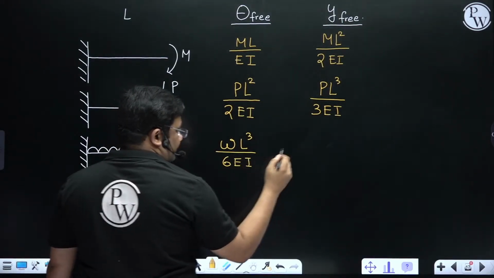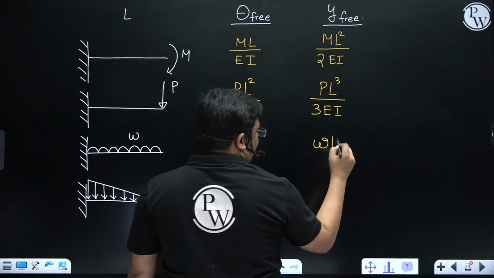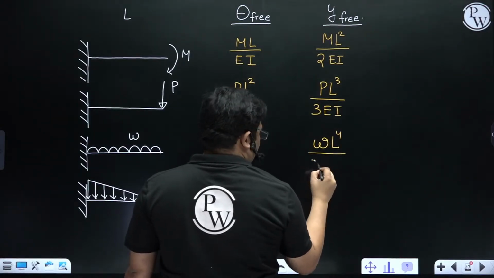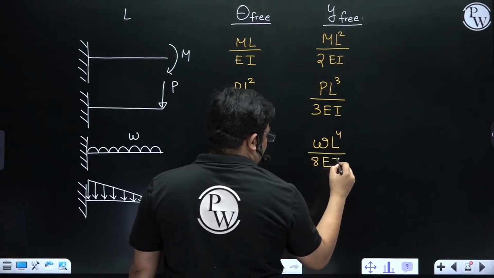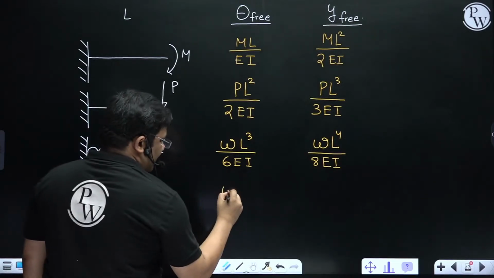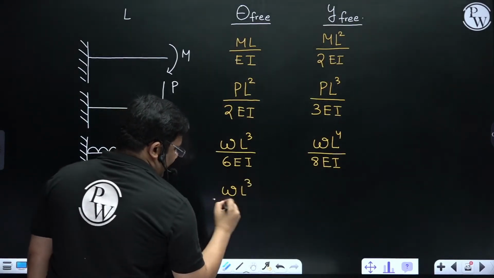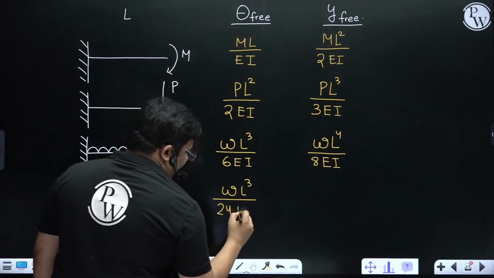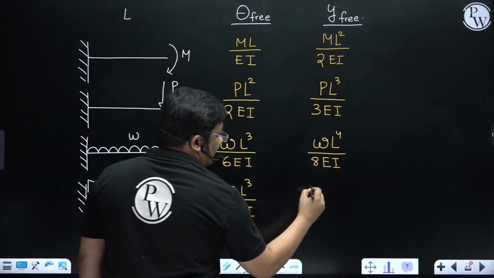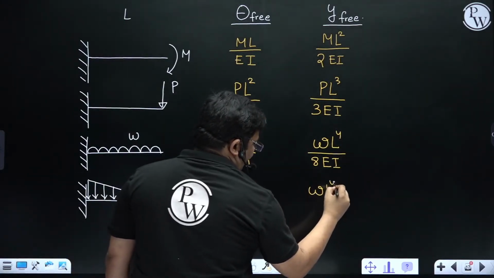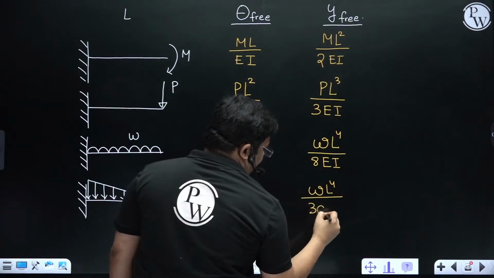Here it was WL^4 by 8 EI. Here it was WL cube by 24 EI. Here it is WL^4 by 30 EI.